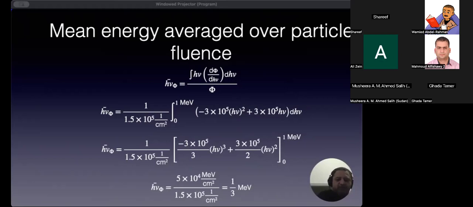We perform this integration, and at the end, we get that the average energy of photons averaged over the particle fluence is 1/3 MeV. Remember, when we have this straight line and we average things out, the average will be at 1/3 of the maximum of the base.